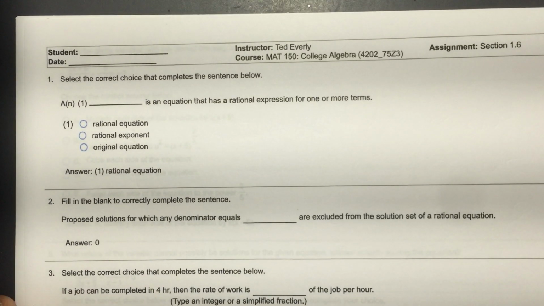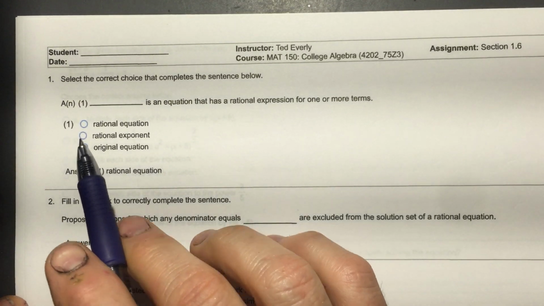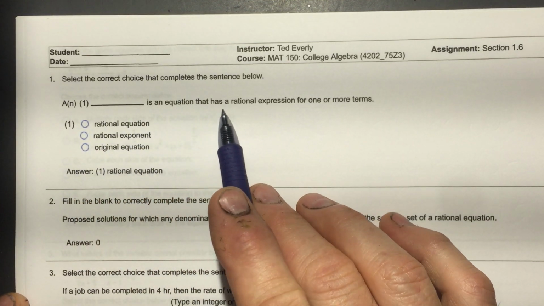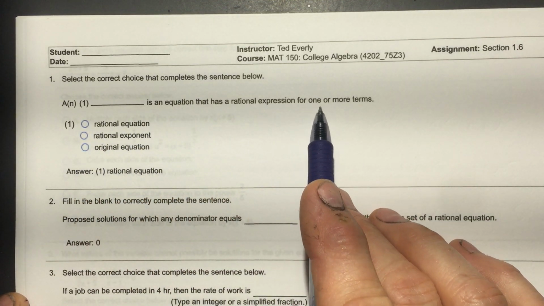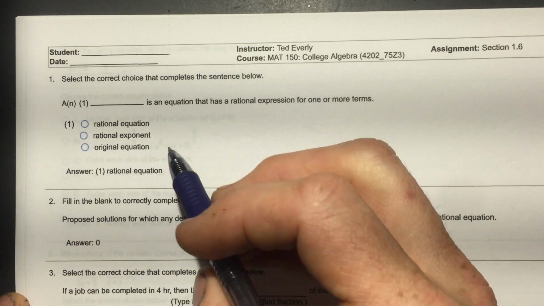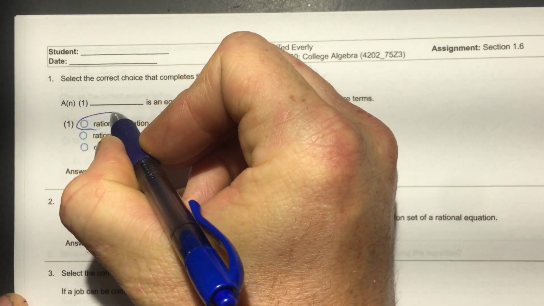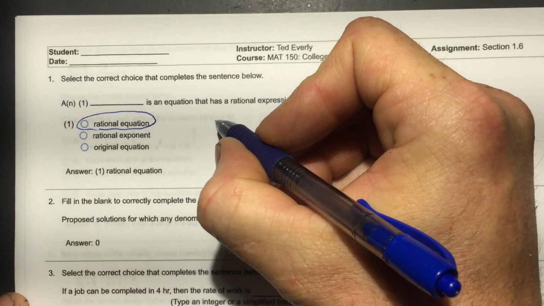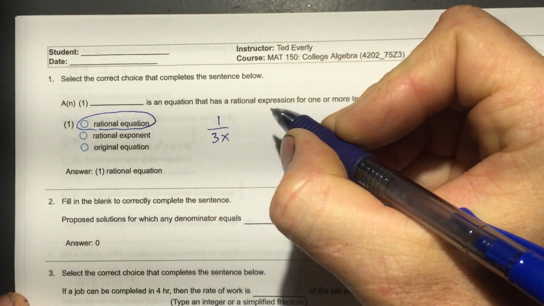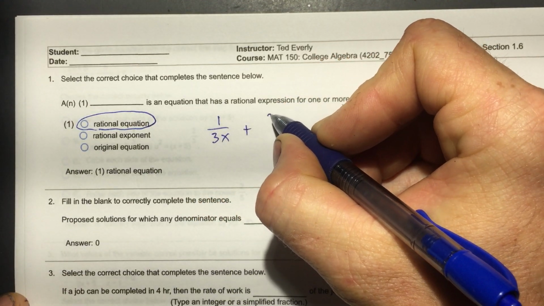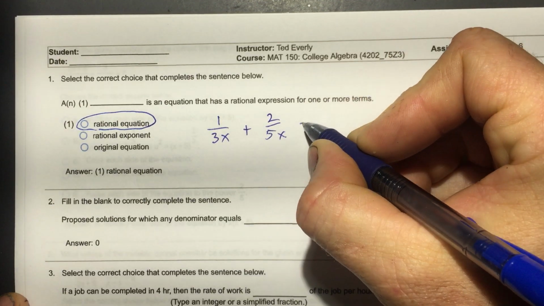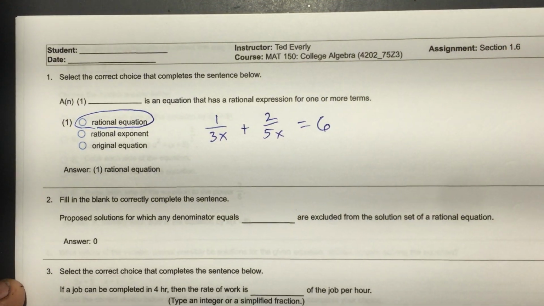First thing, we're looking at some terminology. A blank is an equation that has a rational expression for one or more items. That's a rational equation. A rational equation could be something like this: 1 over 3x plus 2 over 5x equals 6.